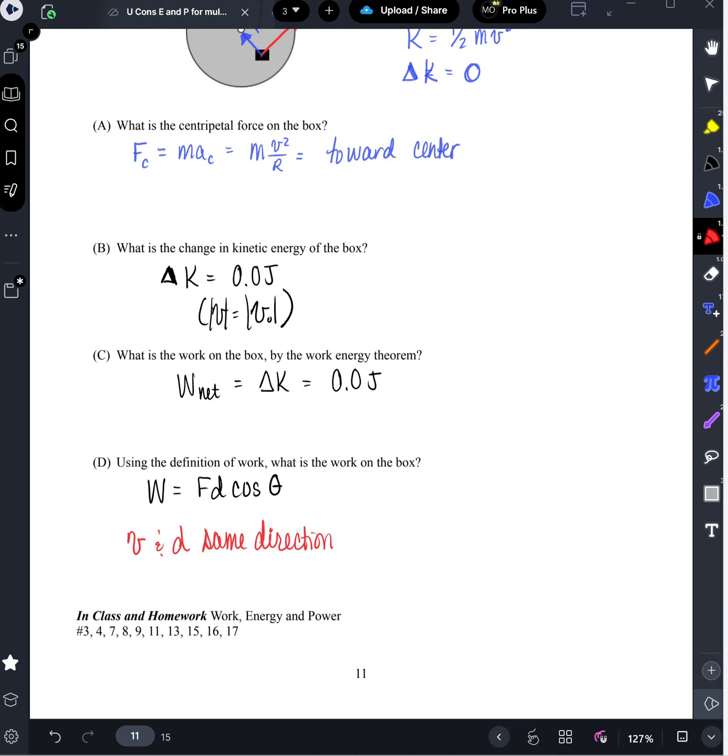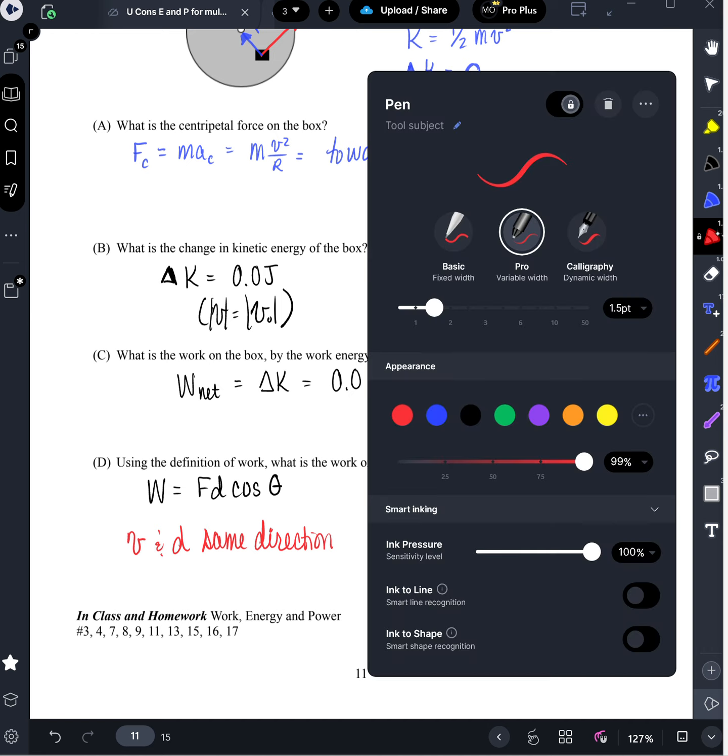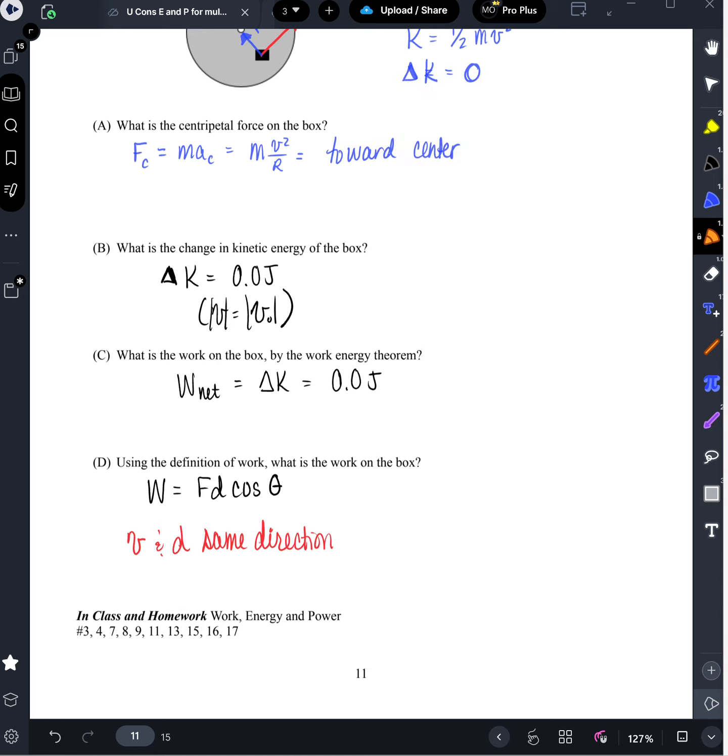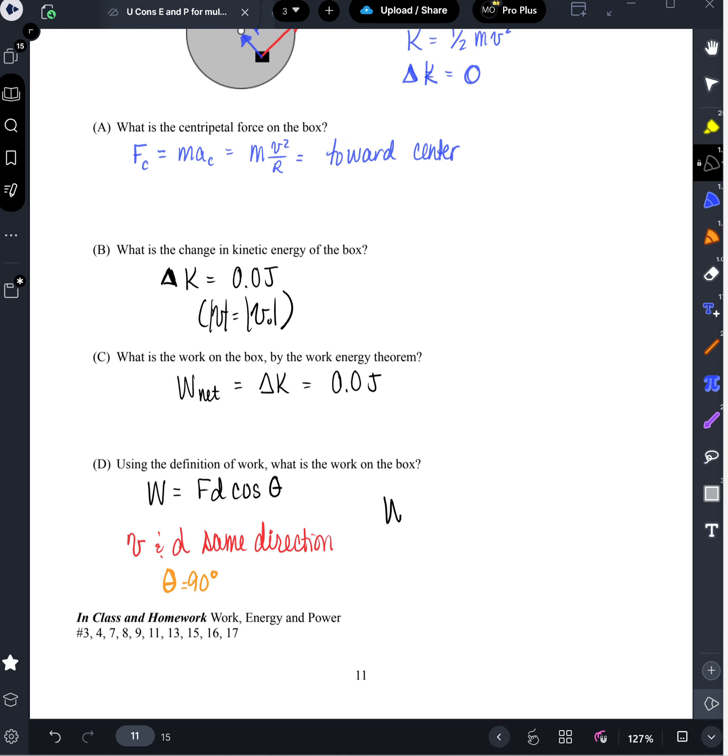And we also know that our centripetal force must be towards the center, which means the angle here has to be 90 degrees. In other words, the centripetal force can never do work because it is perpendicular to the displacement of the object at every point along the way.